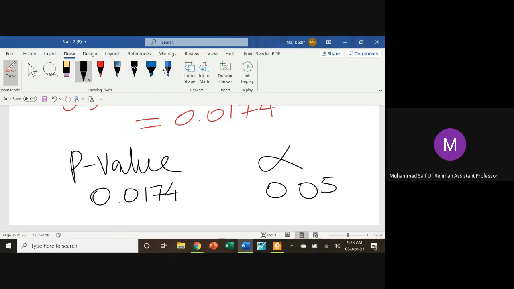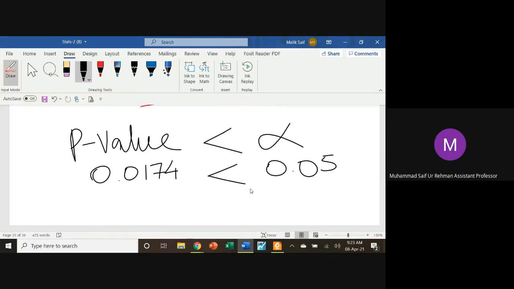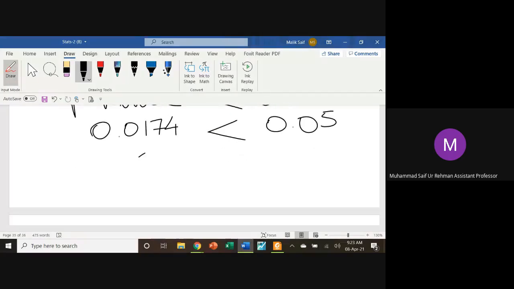Which one is greater? Alpha is greater. So what will you say in this case? As the probability value is less than alpha, the level of significance, we would reject H naught.